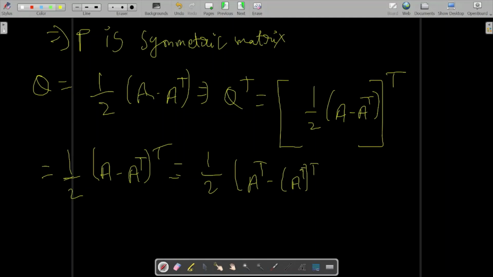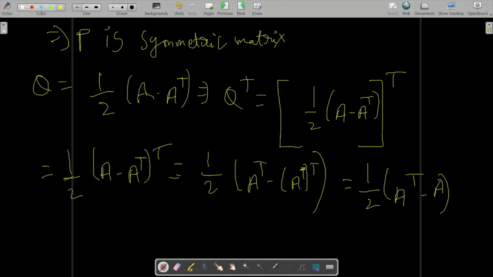The transpose of a transpose is again the original matrix.